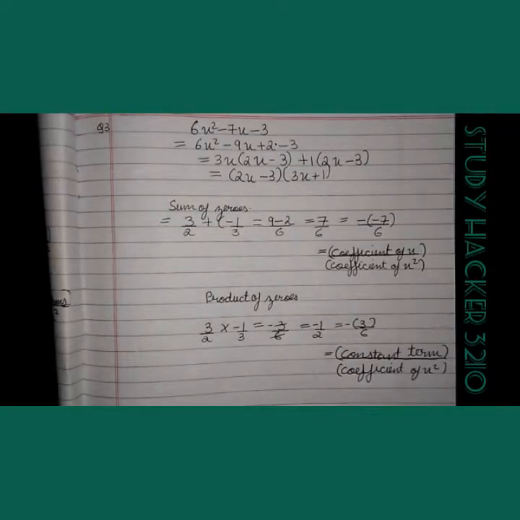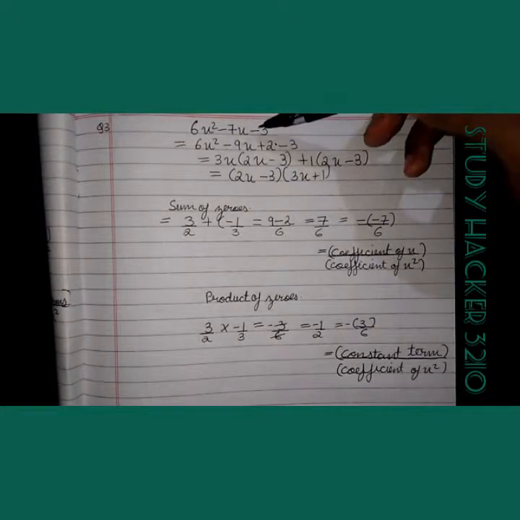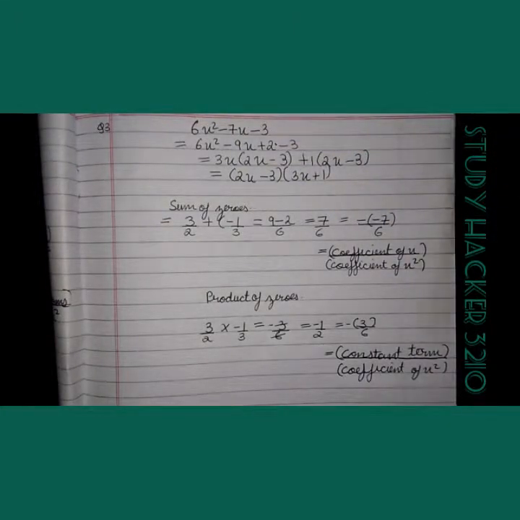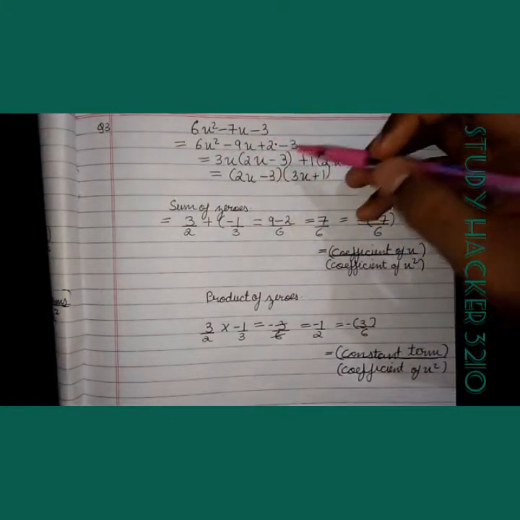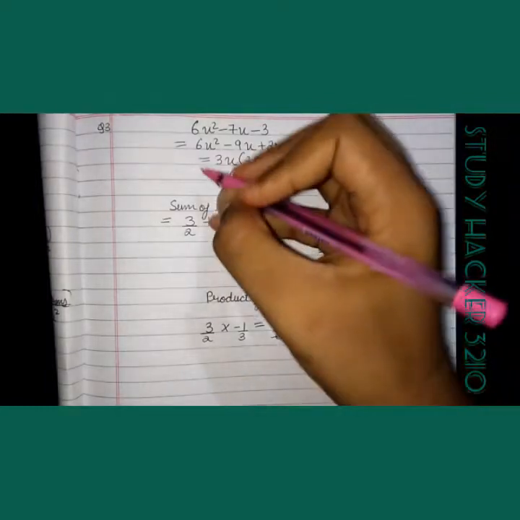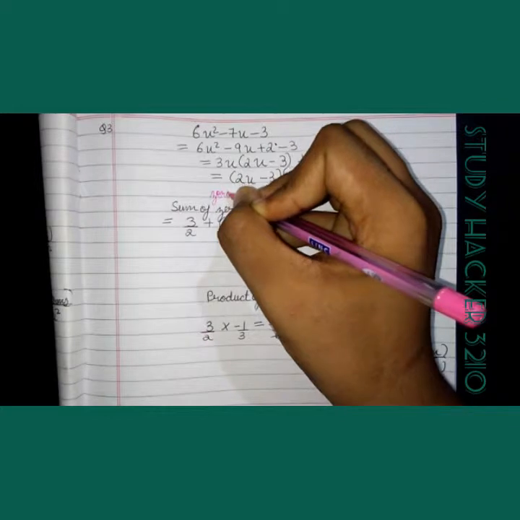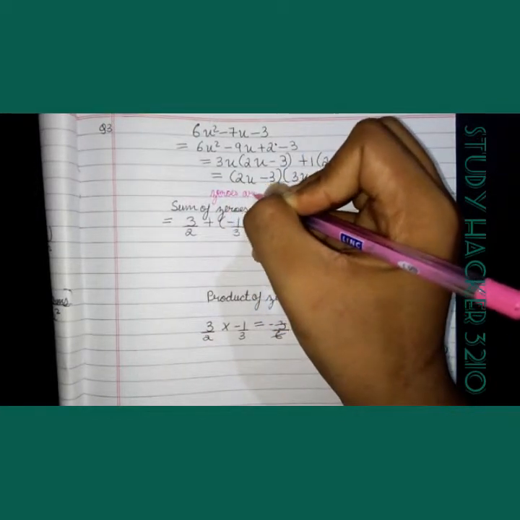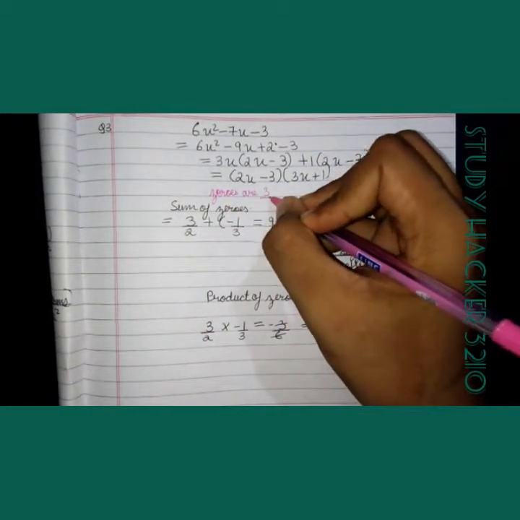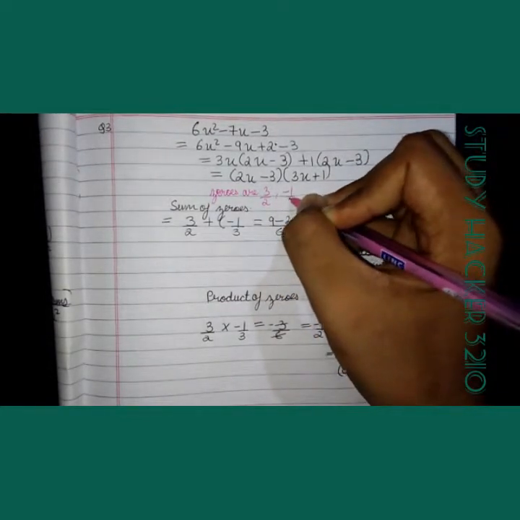So we are moving on to question number 3. Question number 3 is 6x square minus 7x minus 3. With the help of the splitting method, we will split this equation and then take common. So the zeros are 3 upon 2 and minus 1 upon 3.